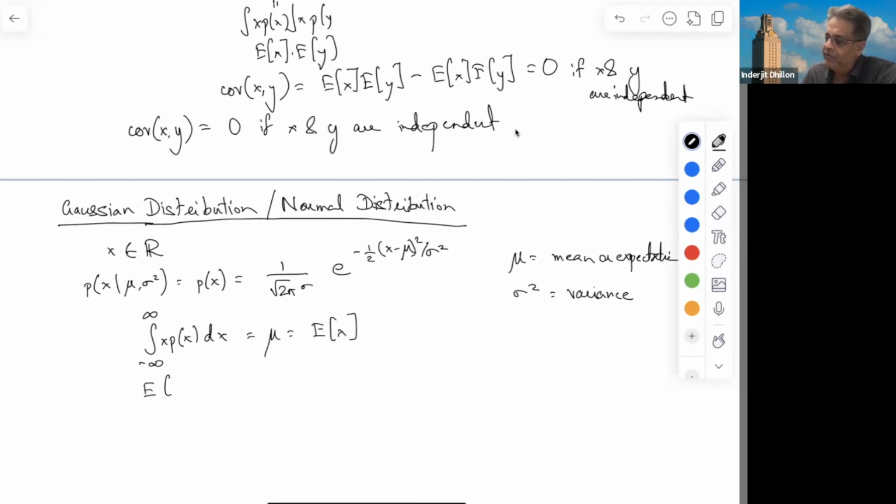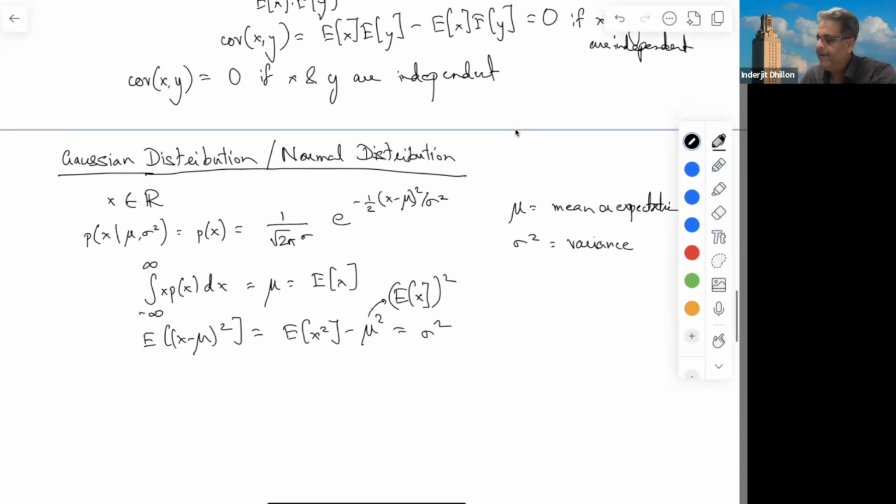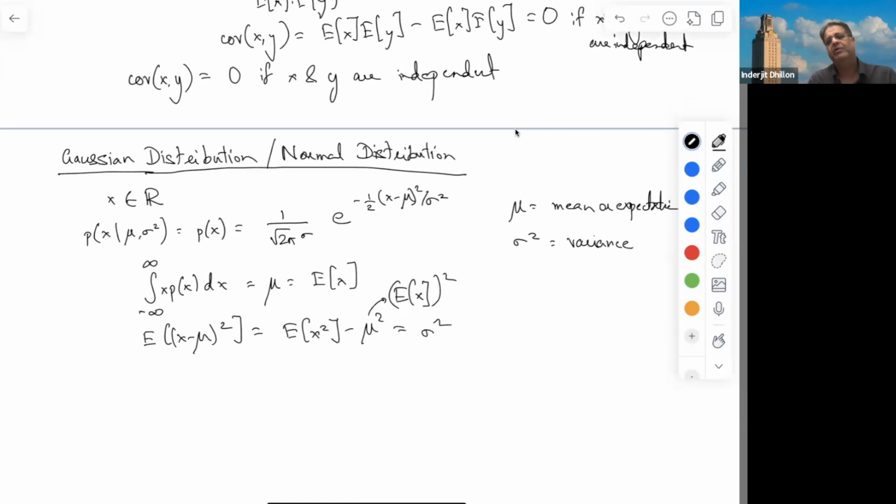And if you compute expectation of (x minus mu) squared, remember this is the same as expectation of x squared minus mu squared. This is equal to sigma squared. So that I'm pretty sure all of you have seen.